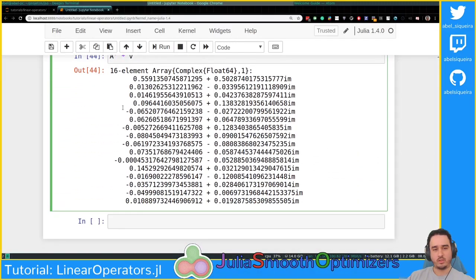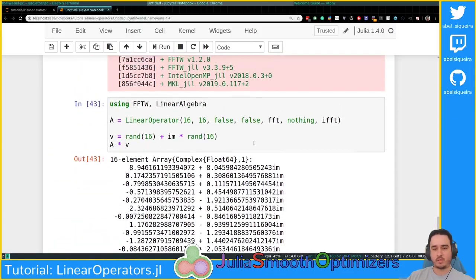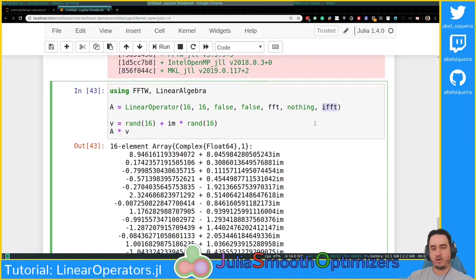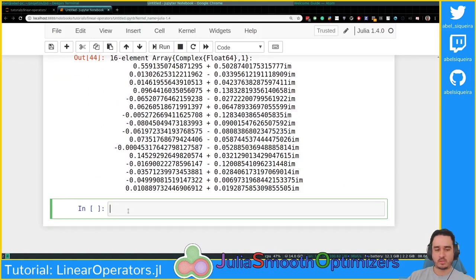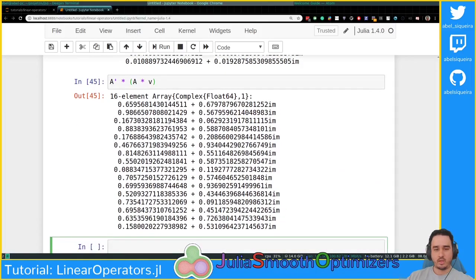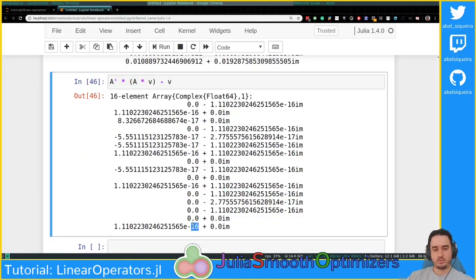Let's say the adjoint of A. So if you compute the adjoint of A times V, it's going to be the same as computing IFFT on V. So what I can do, for instance, is compute A transpose A times V. And this is going to be V. Okay. So these are times 10 to the minus 16 or 17. So this is very small.